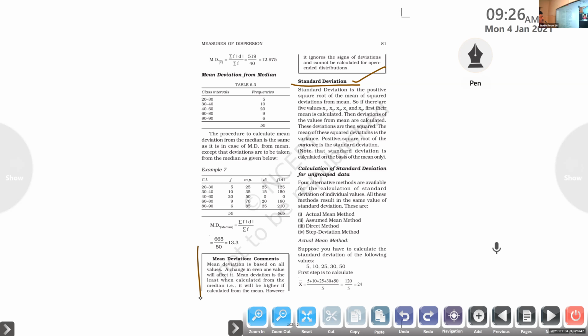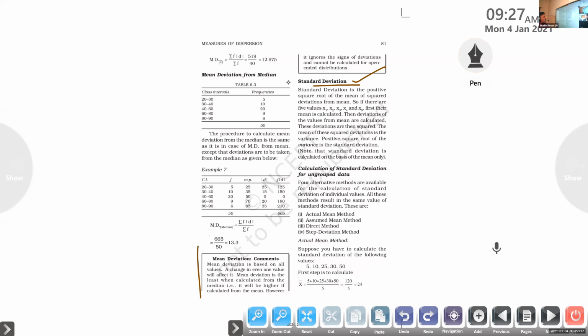Clear? So standard deviation is strictly related with the mean, not with the median. First we calculate the mean. Then the deviations of the values from the mean are calculated.